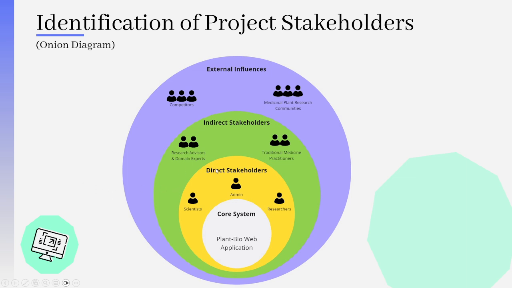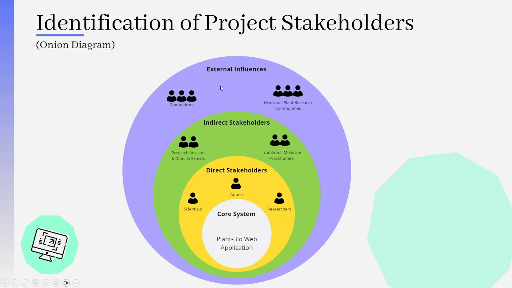The next layer is the indirect stakeholders. This includes domain experts, research advisors, and traditional medicine practitioners who provide valuable input and validation for the data. And the last layer is the external influences.